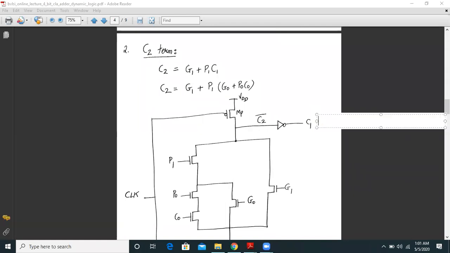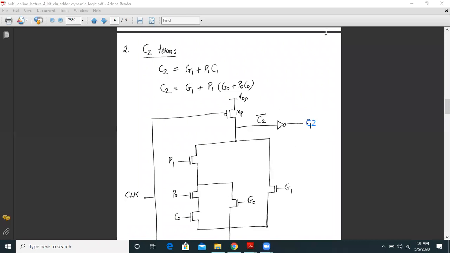This is C2. I think it is overwritten. So this is C2 over here. So C2 is to be generated from C2 bar by adding a CMOS inverter at the output.